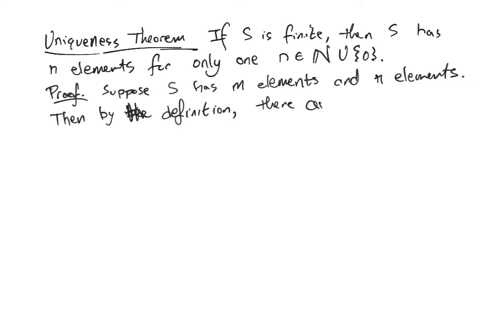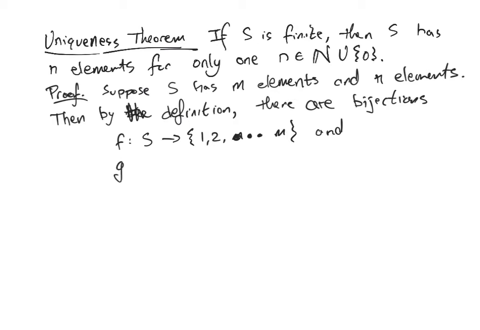So there are bijections F from S to {1, 2, ..., m}, and let's call it G, to {1, 2, ..., n}.